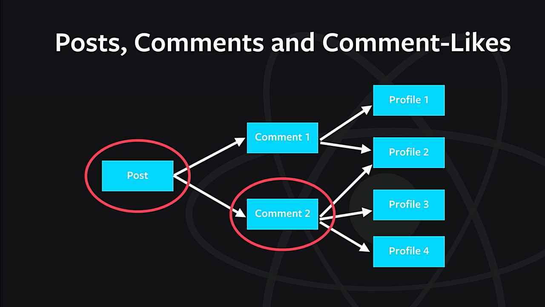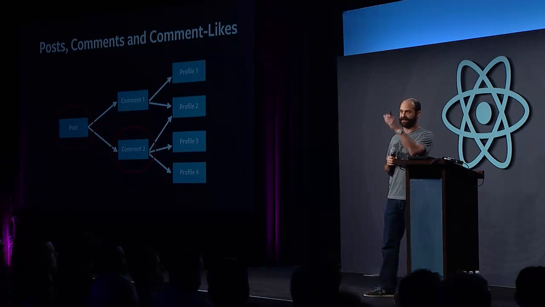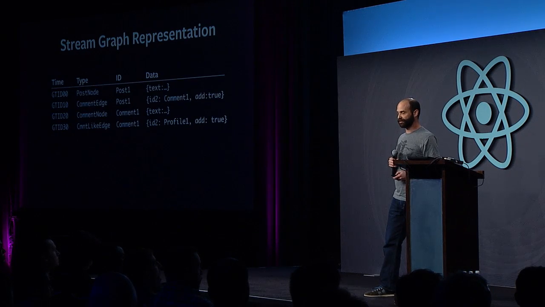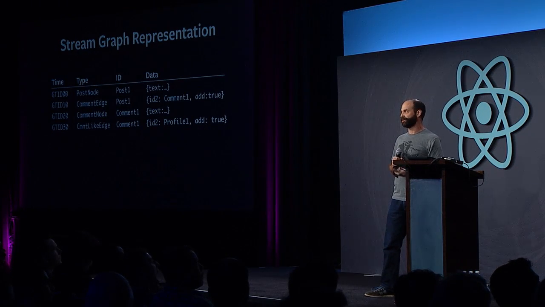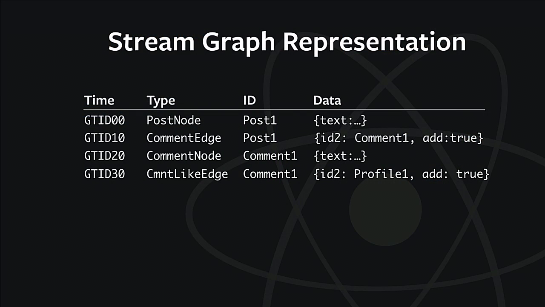We can imagine using Rx and observables for this kind of system, but I want to present an alternative. So I'd like to think about this graph as a series of immutable updates, a log. So let me present one structure that we could use to represent this graph. It's got 4 columns in it, and the first one is going to be a global time identifier.